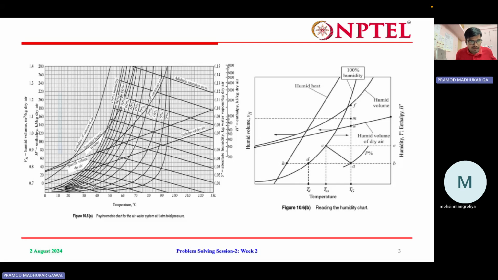Here is 1, 2, 3, 4. So one line is 2.5, so this is 32.5, and this is 35, right? And humidity at initial conditions, so go upward.